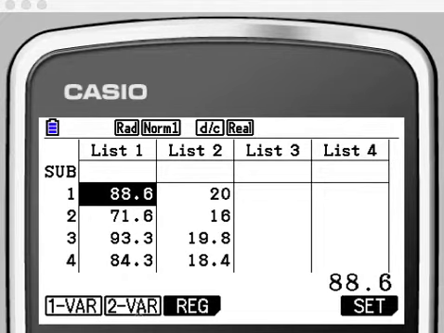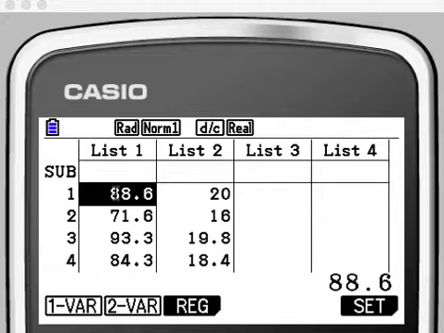And before we continue, we want to verify that the lists that we've chosen are correctly entered in our regression calculation. Remember that on Friday we decided that temperature would be our independent variable, or our X list, and that cricket chirps per second would be our dependent variable and our Y list.